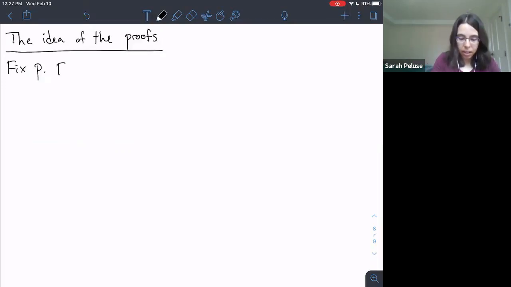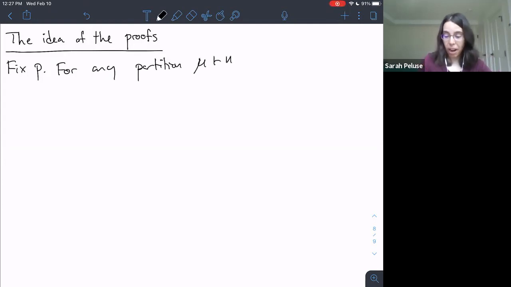Then for any partition mu of n, we actually do what was just described. So repeatedly apply this combining parts lemma until there are no parts appearing more than p minus 1 times.